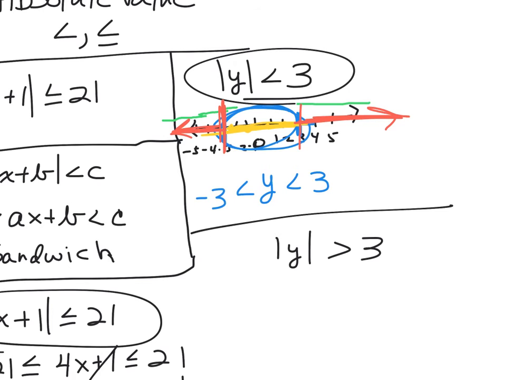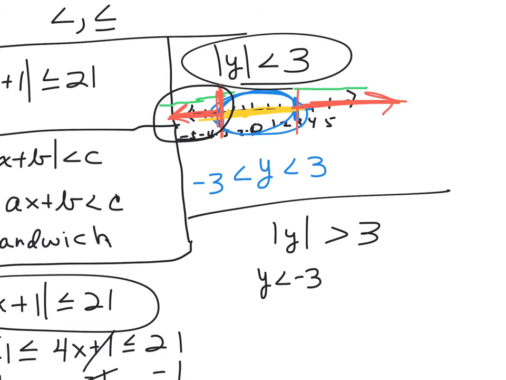So, to make this statement true, one of two things has to be true. If we're looking back here, that means y would be less than negative 3. That would make it true. Anything less than negative 3, if I take the absolute value, I get something greater than 3. Or if I look at this part over here, it would mean that y would have to be greater than positive 3.